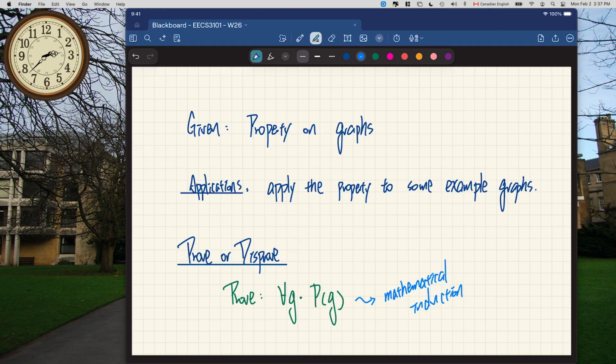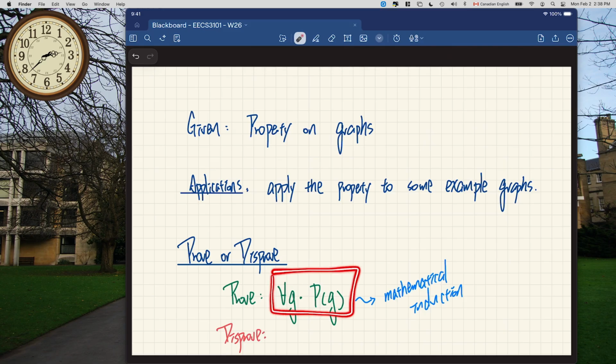And how to disprove it? Now, if you want to disprove it, you basically want to show that this "for all" is false. How do I show that "for all" is false? You basically have to give a witness, to say that for that particular witness graph, the property is not going to hold. Just need to give one. But of course, whether or not you can come up with a witness, that's the issue.